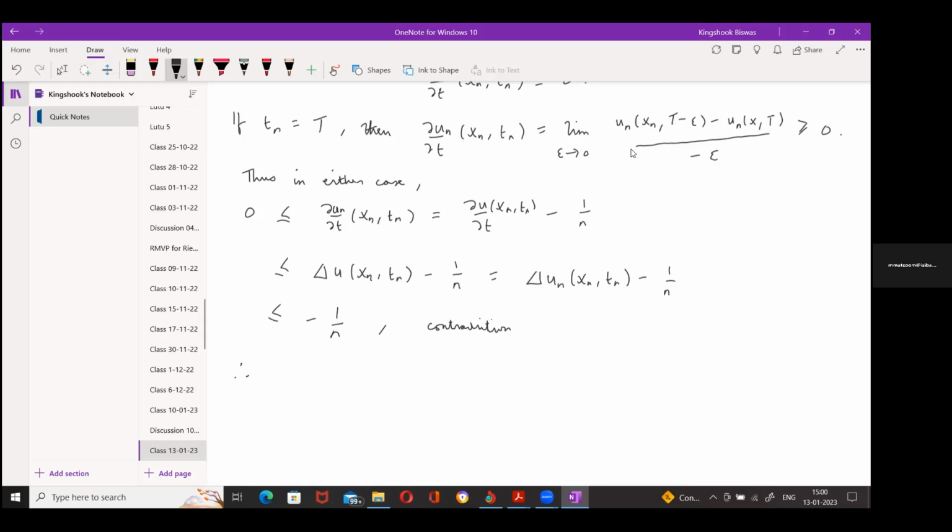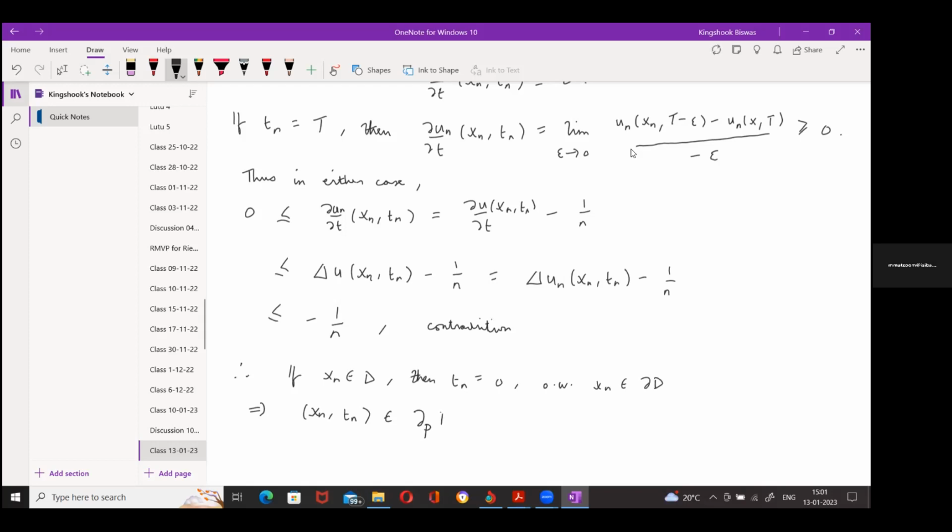So therefore, if xn belongs to D, then Tn is equal to 0. Otherwise, xn belongs to the boundary of D. So this implies that xn, Tn belongs to the parabolic boundary.